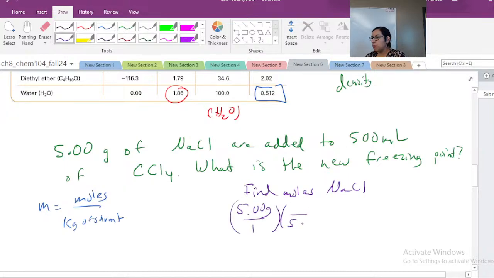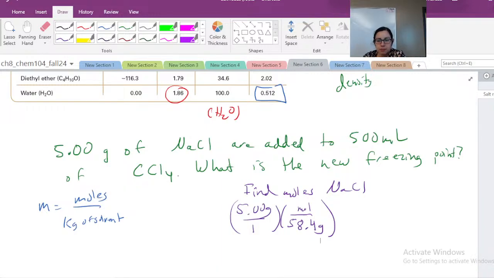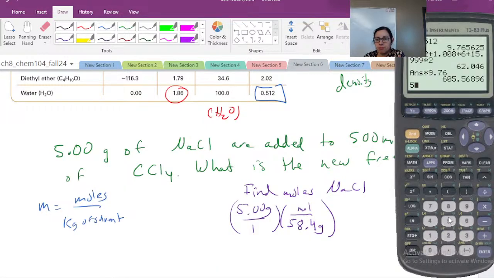It's like 55 point... Oh, 58, I could be wrong. 58.45 maybe? Let me double check. 58.4. Okay, so about 58.4 grams per mole. All right, so then we have our moles of sodium chloride.